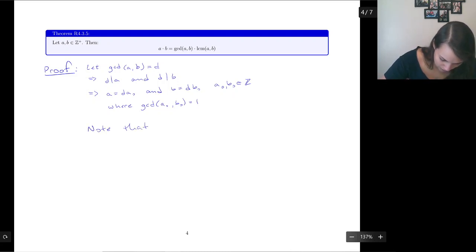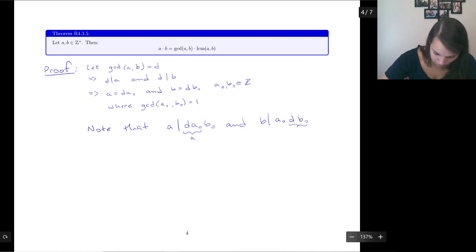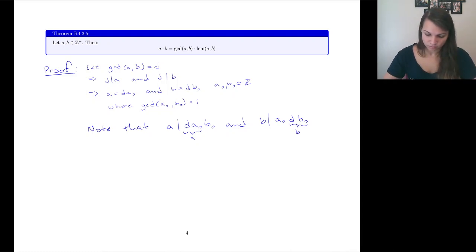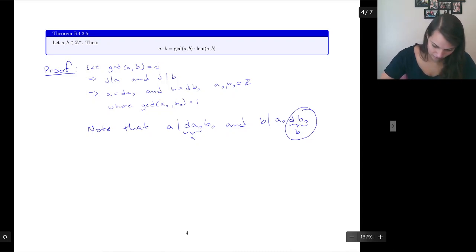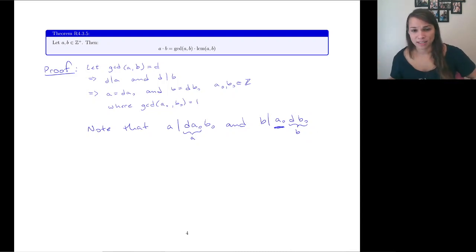Note that A divides A naught D, or let's write it D A naught B naught, because this part is A, and B divides A naught D B naught, because this part right here is B. So since B divides B, it is certainly going to divide an integer times B. So since we have this, we know that it is a multiple.